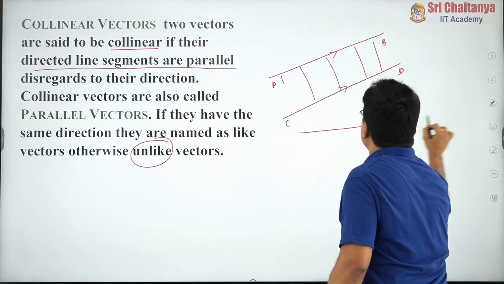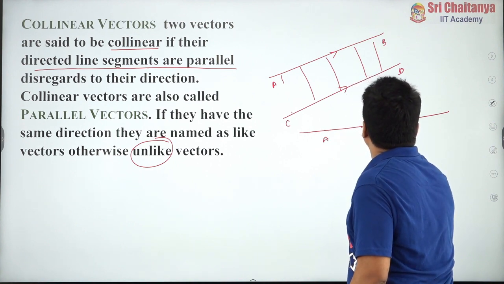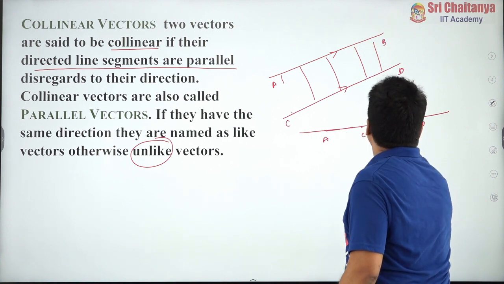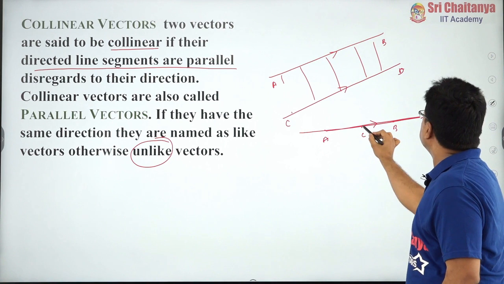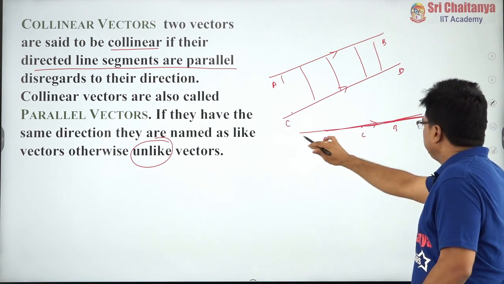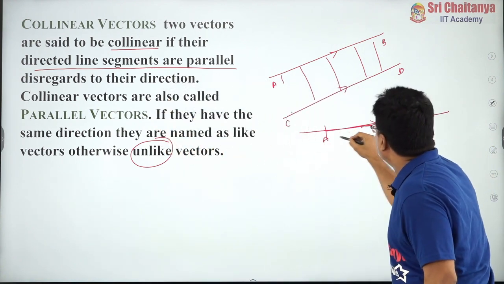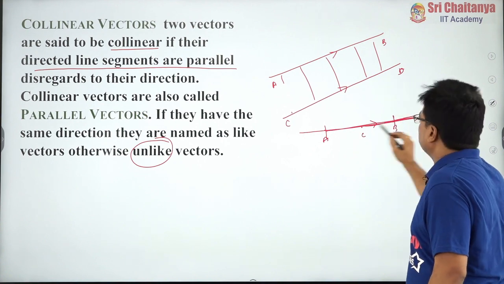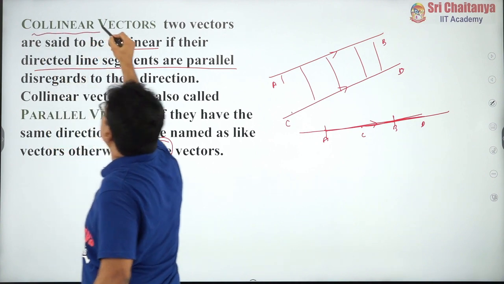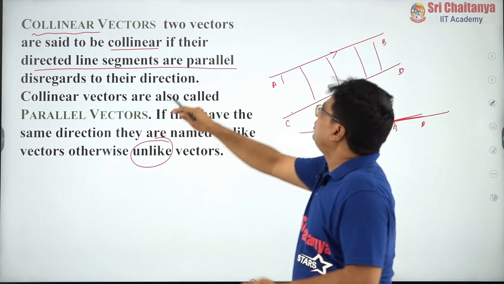Or sometimes like this: suppose this is A and this is C, suppose this is B and this is D. This is vector AB and this is vector CD. Here vector AB and vector CD lie on one line only. Though from the line segments point of view they represent two vectors, they lie on the same line. Therefore, we can also call them collinear vectors. Collinear means they lie on the same line or they are parallel to each other.